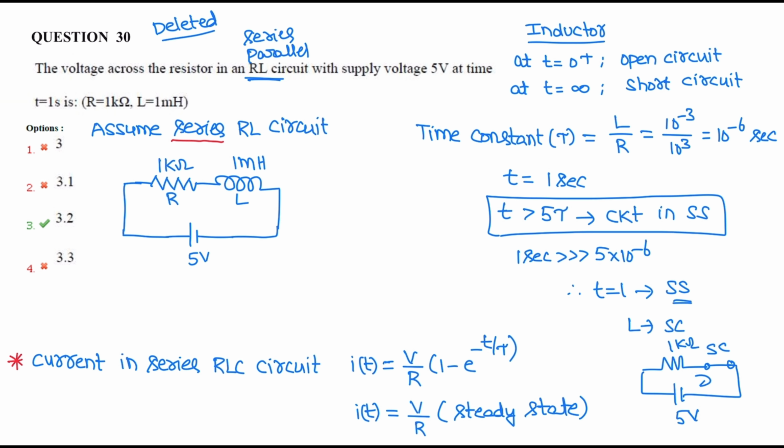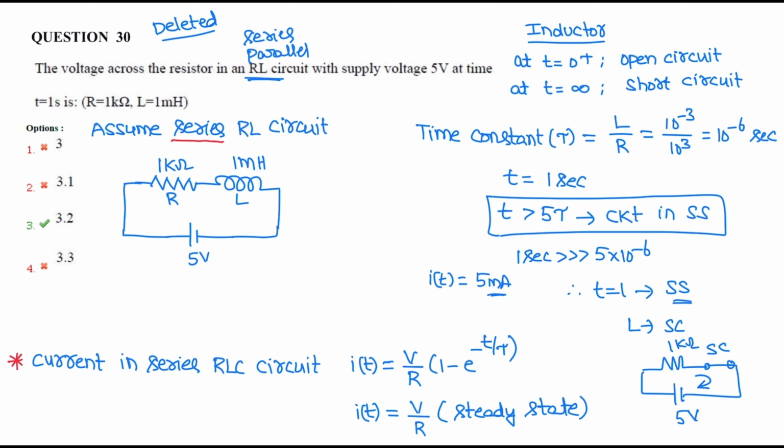Now the current flowing through the circuit is I equal to V by R, that is 5 by 1 kilo. Answer is 5 milliamperes. The steady state current I of t is 5 milliampere.